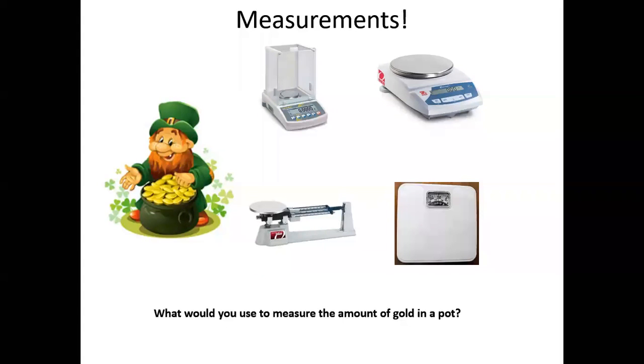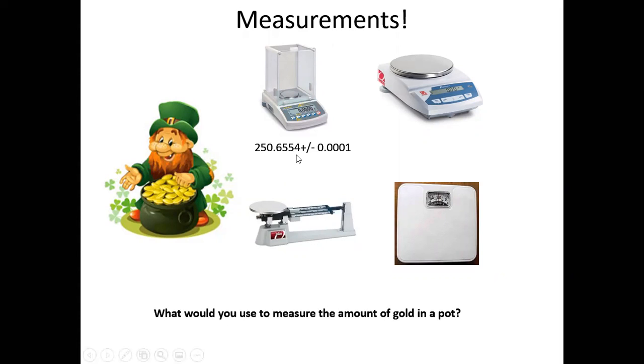Now the reason I chose these is because they're all at varying degrees of precision. And so I'm going to show you how it slightly changes the mass of Lucky Leprechaun's pot of gold. So for the first one, if he measures it on an analytical balance, he can measure down to the 10,000ths of a gram.